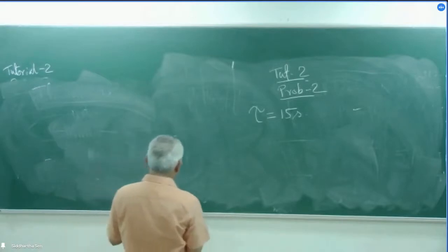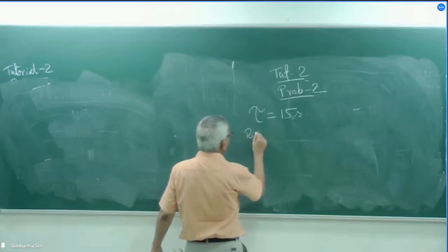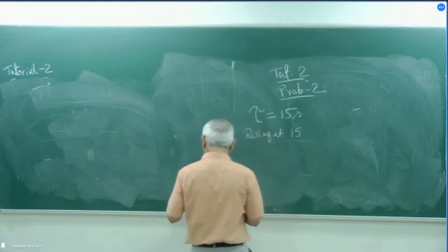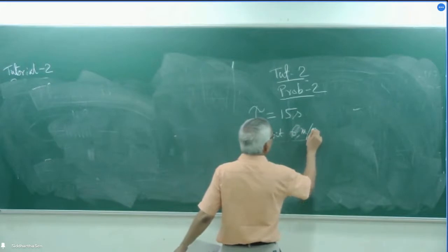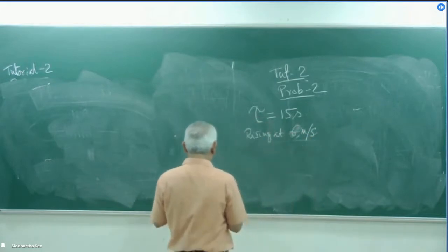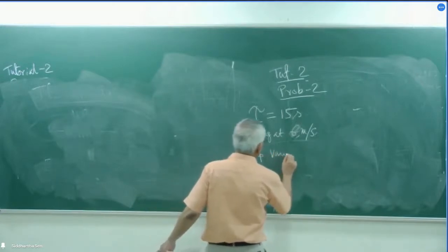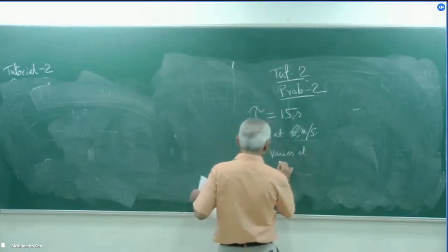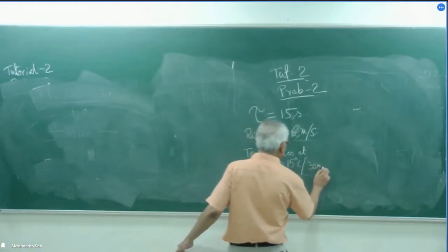And it is rising at 6 meters per second, and the temperature varies at 0.15 degrees Celsius per 30 meters.